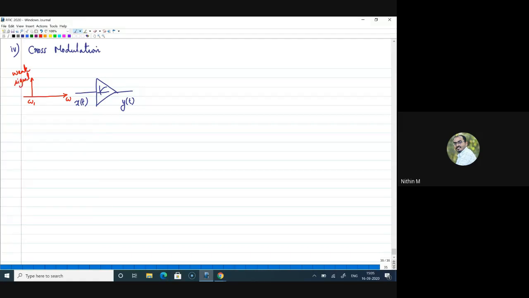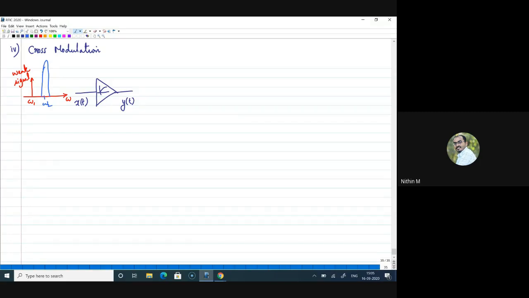Another signal which is accompanying this desired weak signal is a strong interferer appearing at omega 2, and for the time being we are assuming that omega 2 and omega 1 are a little close.